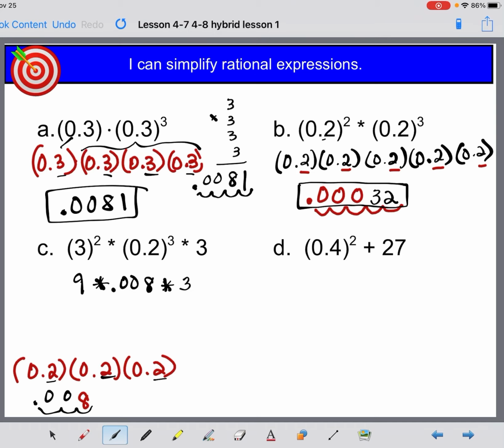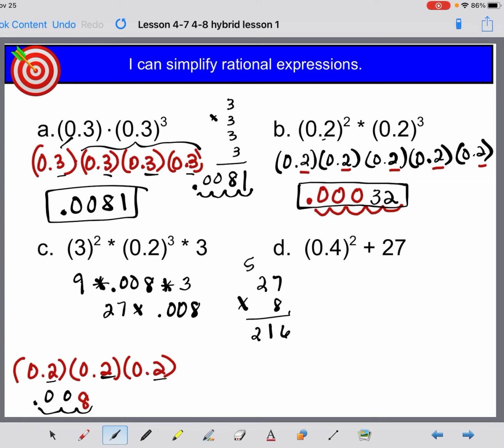Now, I'm going to shuffle this around a little bit. 9 times 3 is 27. 27 times 0.008. I'm going to do a side problem over here. 27 times 8. 8 times 7 is 56. 8 times 2 is 16. Plus 5 is 21.